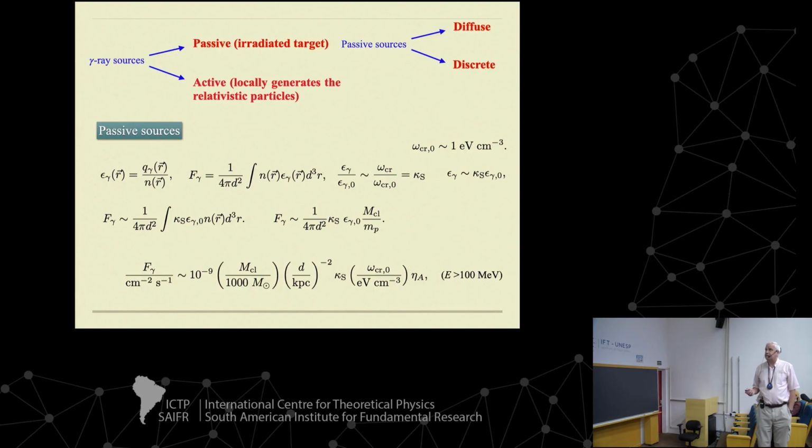So the flux of a given source located at the distance d that radiates isotropically, hence the 4π that you see here, can be simply obtained by integrating the density of the passive target with the local specific emissivity at the source.